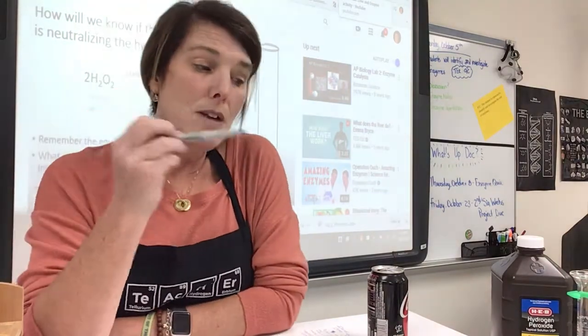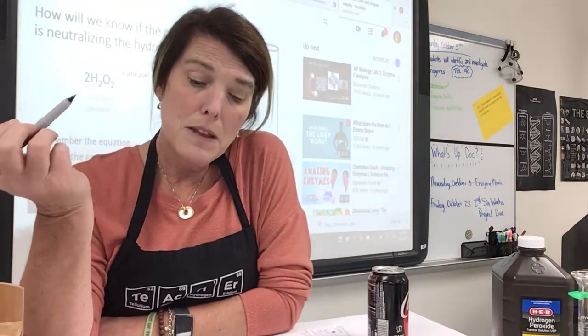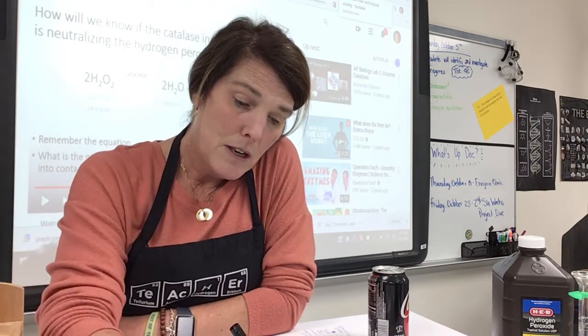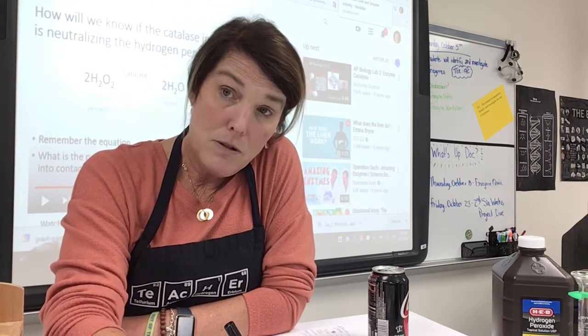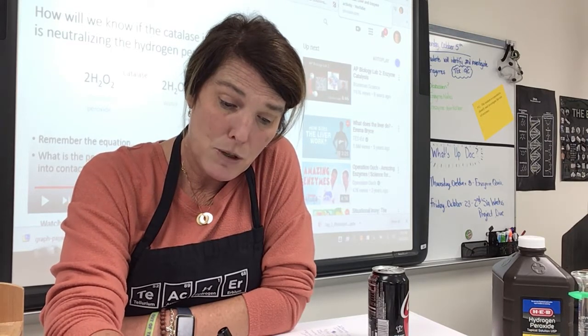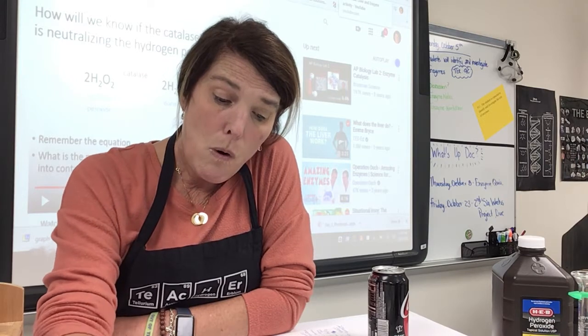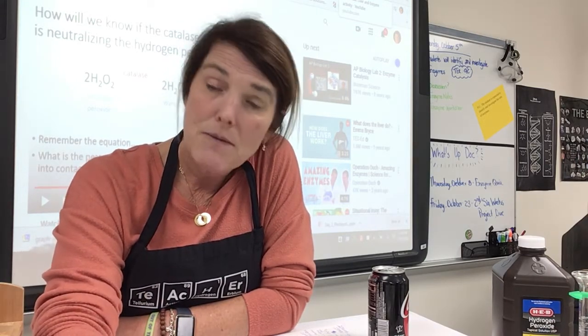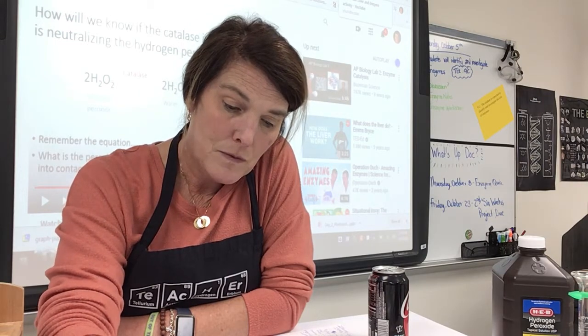Well, when we give it hydrogen peroxide, a couple of things may change. We may have a change in temperature, and so on your Google Doc, that's one of them, a change of temperature. Or we may also have a change in the amount of gas or bubbles.